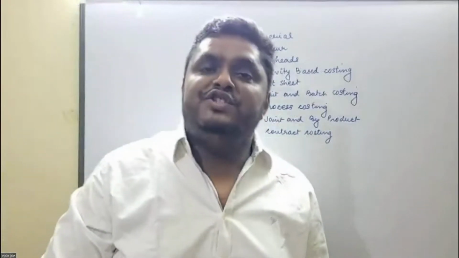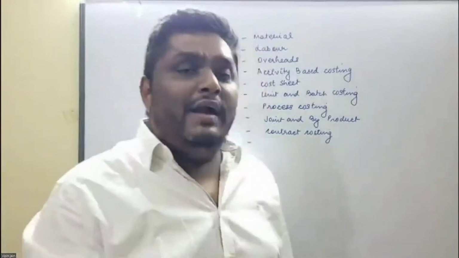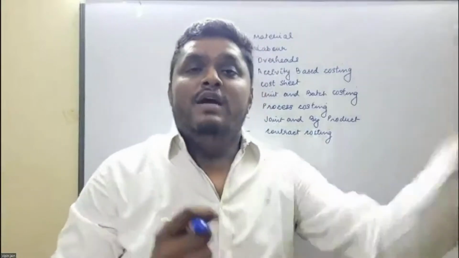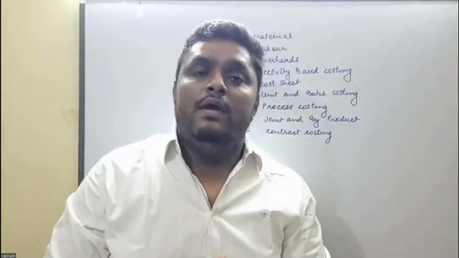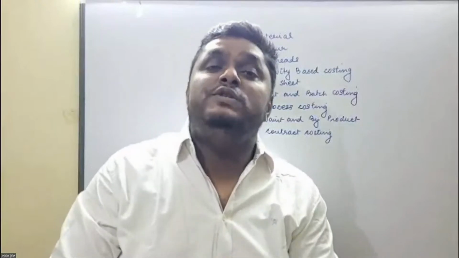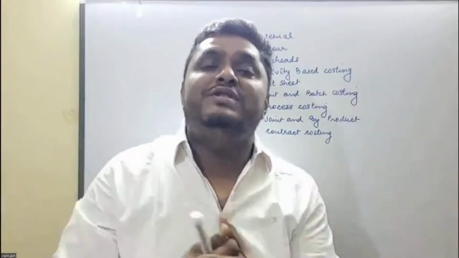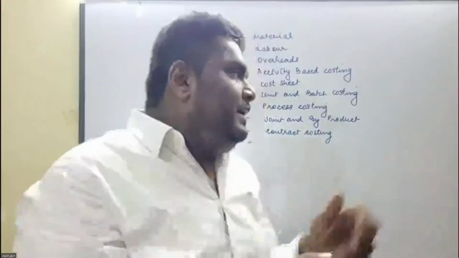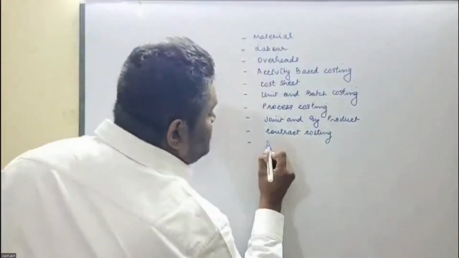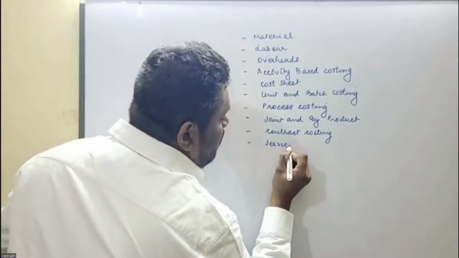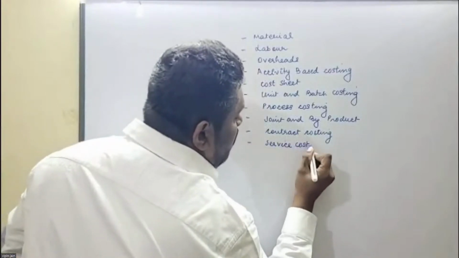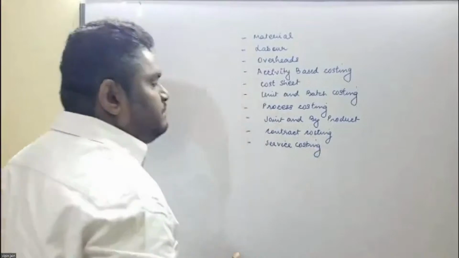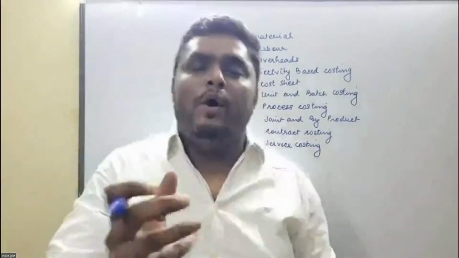One more chapter in this part on methods of costing is service sector costing. The companies who are into provision of service, who are into the service sector, use service sector costing or service costing to calculate the total cost of service. So this is all about methods of costing.